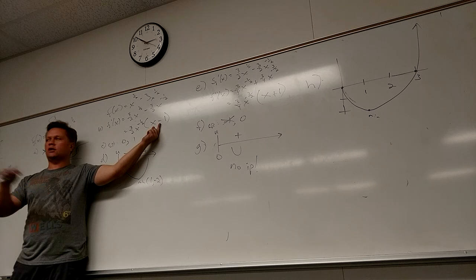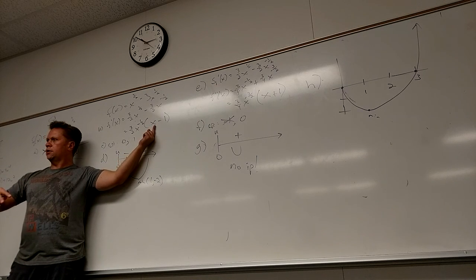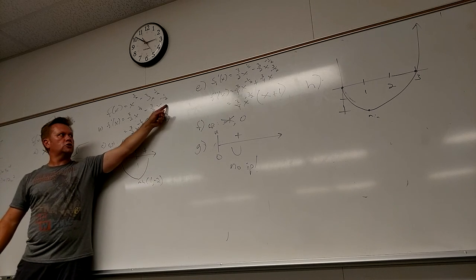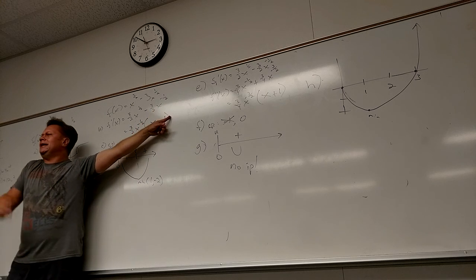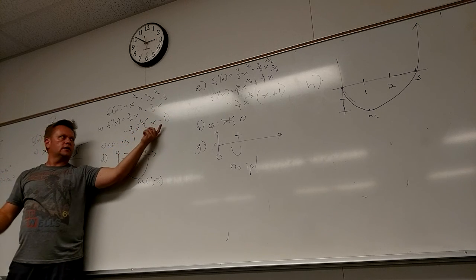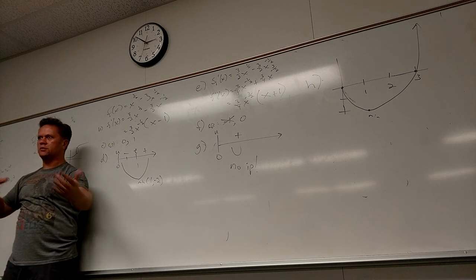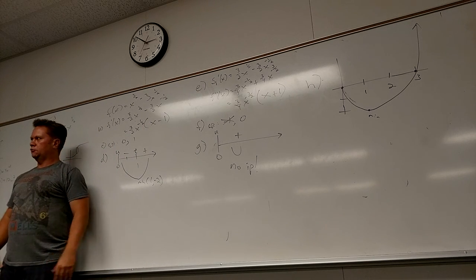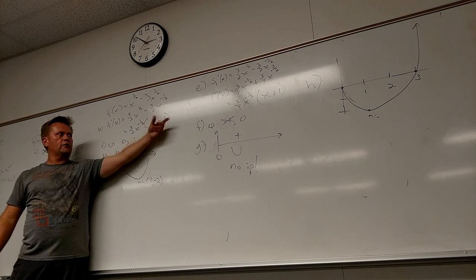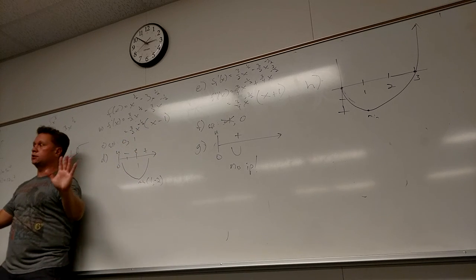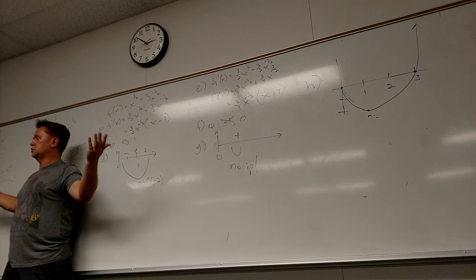Won't the sign of this change around 1? Below 1 is negative, above 1 is positive. If there's a squared or a 4th power or any even power, the sign wouldn't change around 1. That's all multiplicity is. It really changes sign because it's an odd power. If it was an even power, it wouldn't change sign. That's multiplicity.